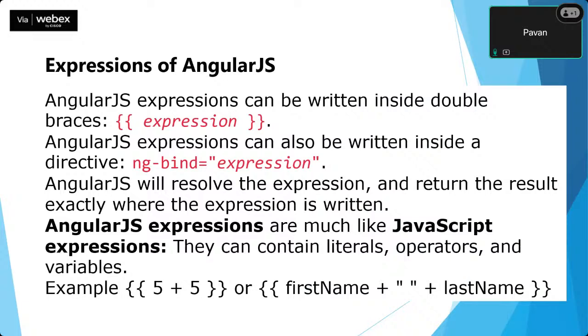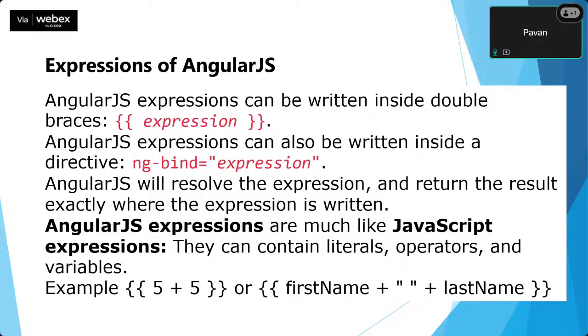Whereas we can also use variables, as we have used here, that is first name plus one space plus last name. What we mean here is that instead of first name, the value of the variable first name will be printed, after that one space will be given, and after that the value of last name will be printed.